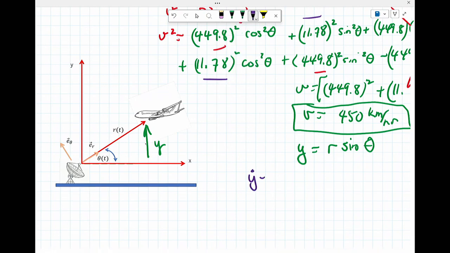y dot equals r dot sine theta plus r theta dot cos theta.